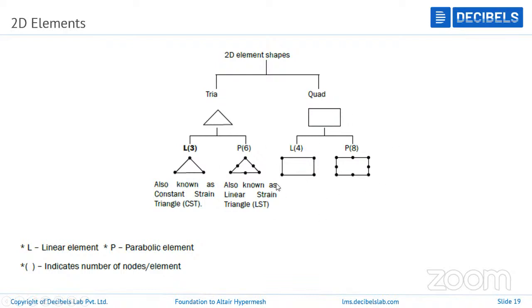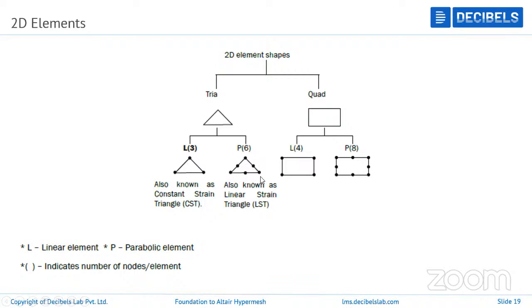And how will these two differ? Based on the project requirement, we are going to use these kinds of elements. When we are looking for very accurate results, and if the system capacity is more, then we go with the second order elements, with mid nodes, or the 6 node triangles.